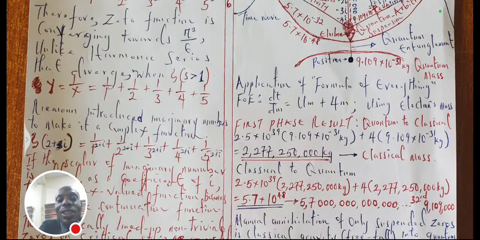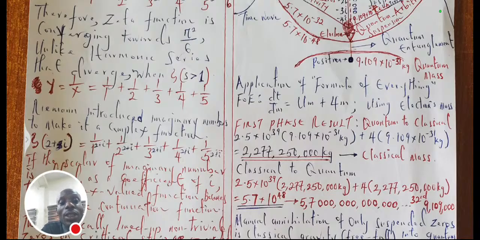So now we briefly look at the harmonic series, and so we have that to be 1 over x, and so we can just have it 1 over 1 plus 1 over 2 plus 1 over 3 plus 1 over 4 plus 1 over 5, like that. And then this series, as we have it, will not converge by its nature.